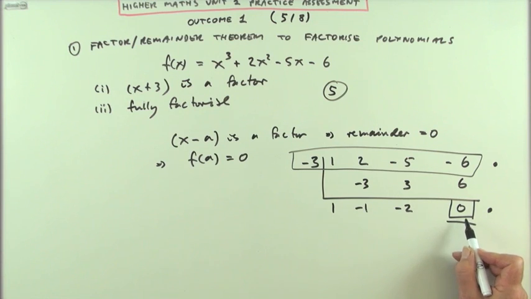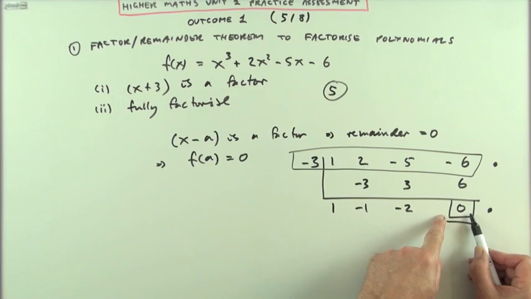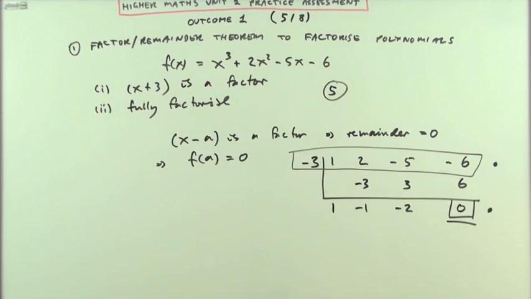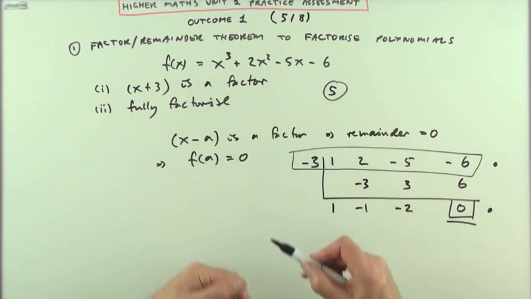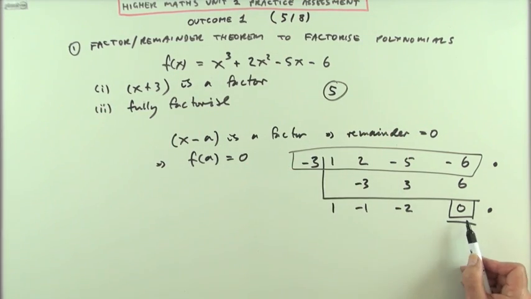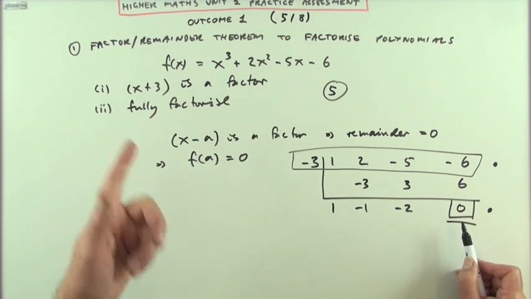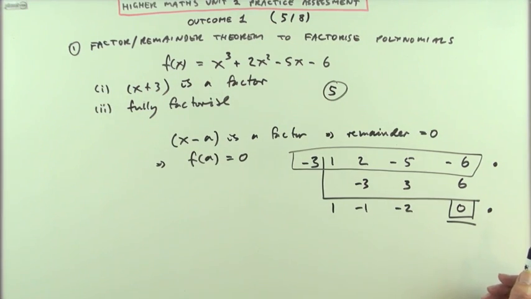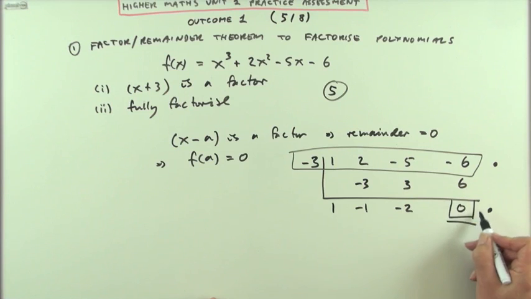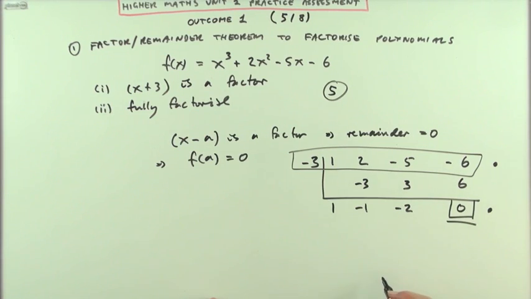The third mark is for making a statement which says, effectively, either the remainder is 0, so that's a factor, or the value of the function at -3 is 0, so that's a factor, using that factor remainder theorem. So whichever way you like, the third mark is for acknowledging that that 0 means something.